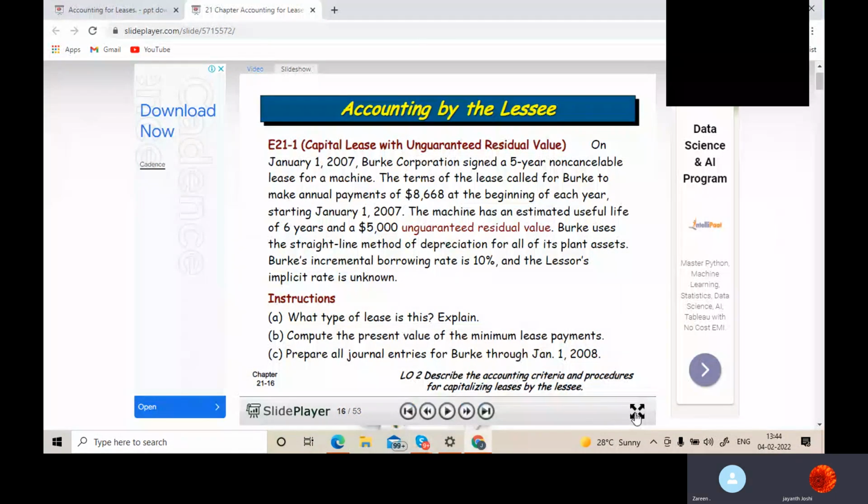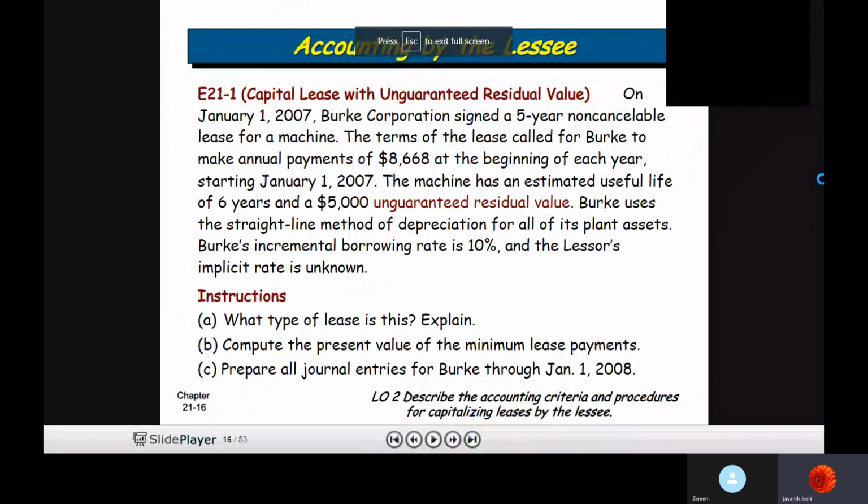Okay. Now we will do a question. So please read this question. Now, it's a capital lease. On January 1st, 2007, Berg Corporation signed a 5-year non-cancelable lease for a machine.